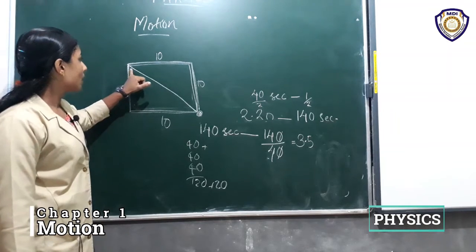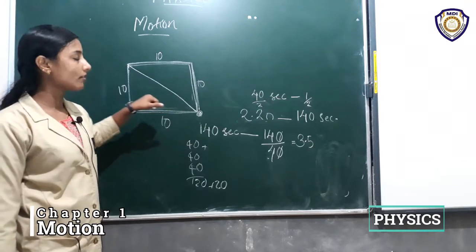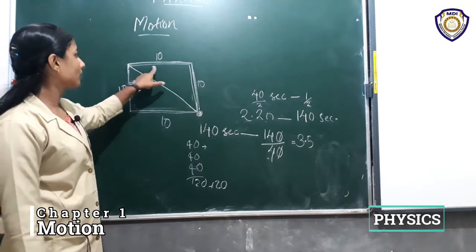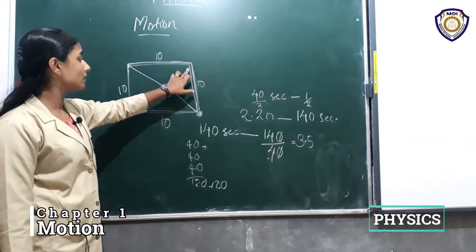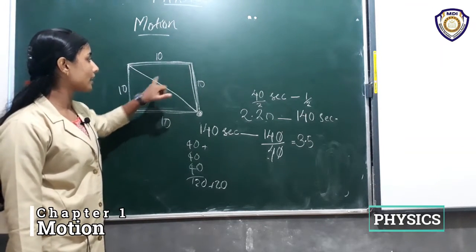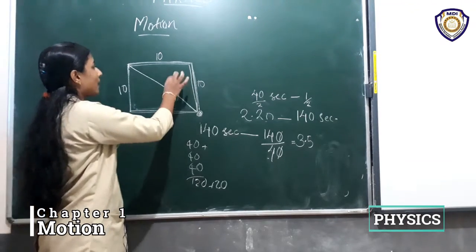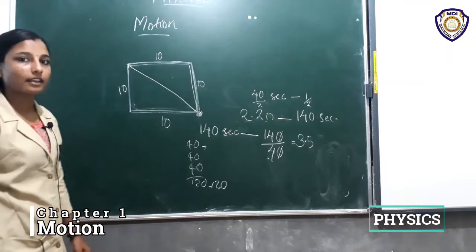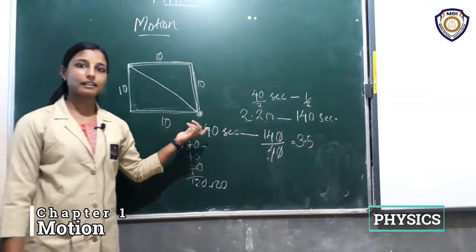To calculate this diagonal, we have to know this is a square field, so this will be a right angle. These two sides form a right angle triangle, right? So by applying Pythagoras theorem, which you may have studied in your earlier classes, right?